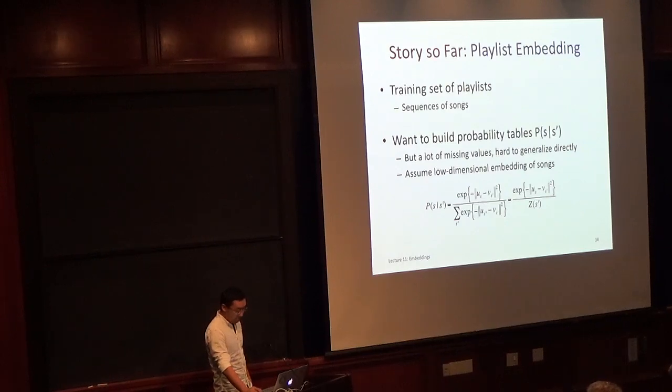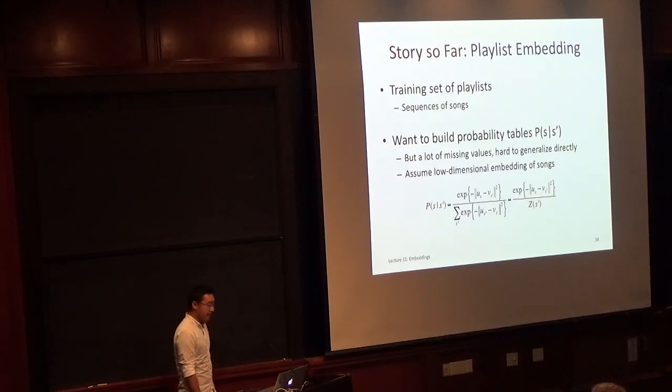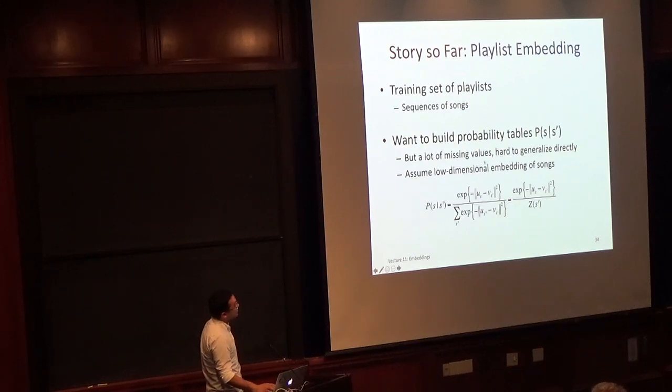We have a training set of playlists, we're going to build probability tables, and one of the things that's perhaps interesting is that there may be missing values, or it may be hard to generalize directly, and when we have this low-dimensional representation, then we can actually share statistical strength between songs.